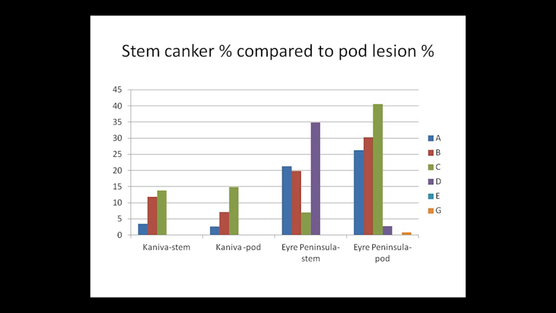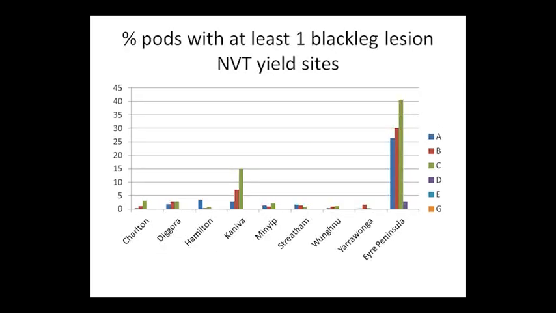So even on the Eyre Peninsula, the Group D's obviously been overcome, but for these other sources of resistance, they're doing a pretty good job, but they're getting a lot of this pod infection. So it is a concern. It's something we're looking at, but you need to keep in mind that at most sites it's still very low levels, and it's undoubtedly associated with rainfall events, etc., during the pod development.